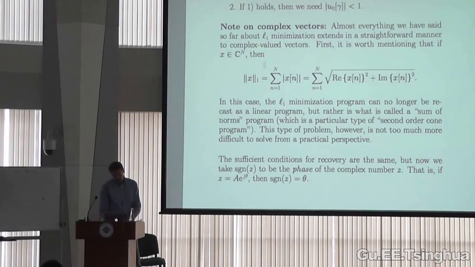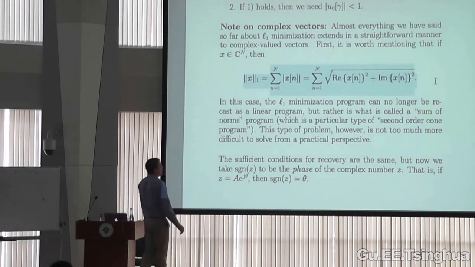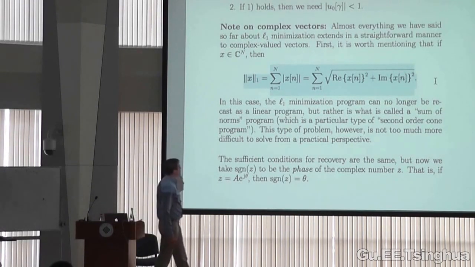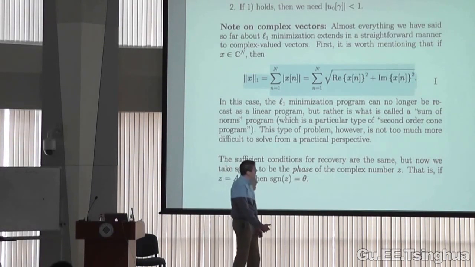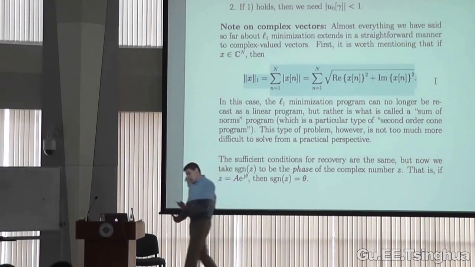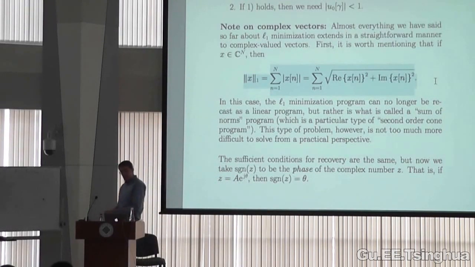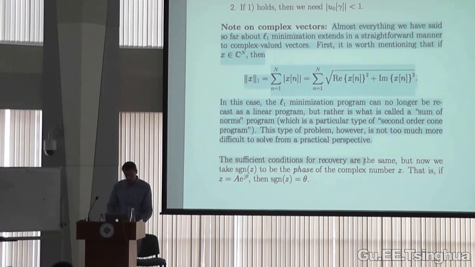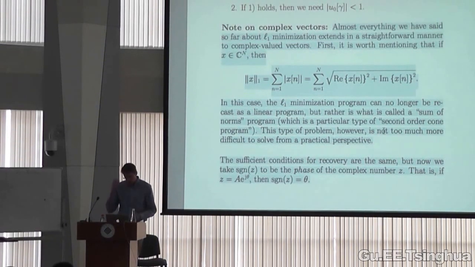And when you're doing L1, everything we say will again be true, but whenever you see a sum of magnitudes, remember the magnitude is the square root of the imaginary part squared plus the real part squared. So everything extends to complex-valued vectors with almost no differences.